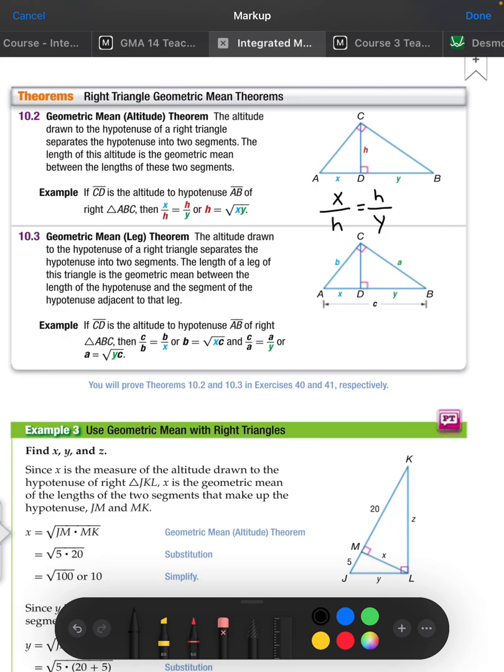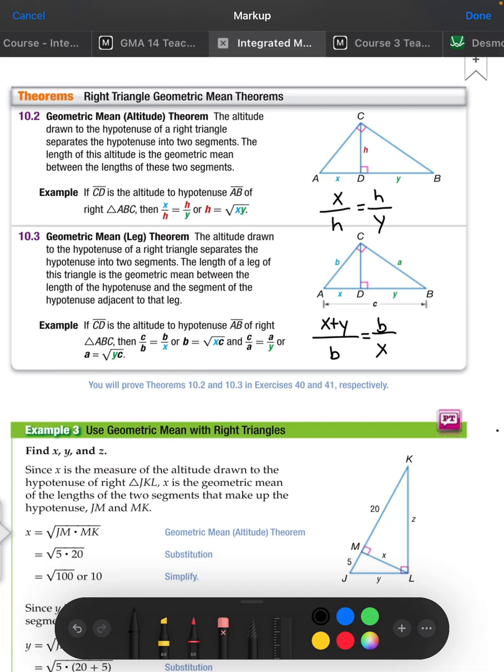And then the other one says that c, which is the total distance, okay, notice, so really c is x plus y. X plus y is to b, one side, as b is to the same side.